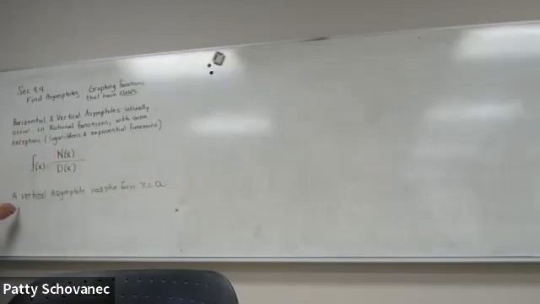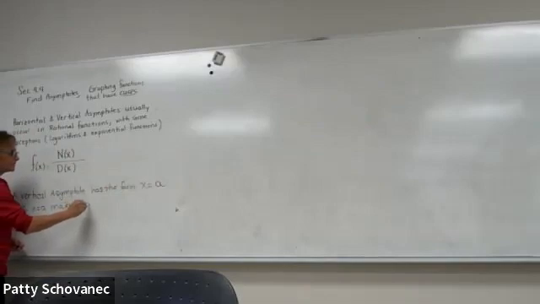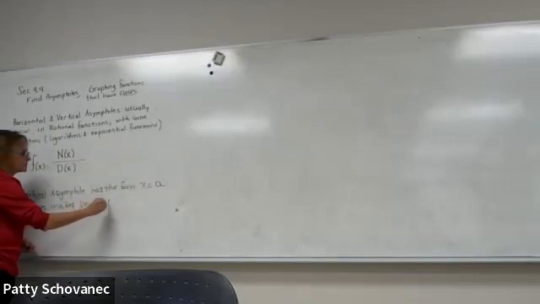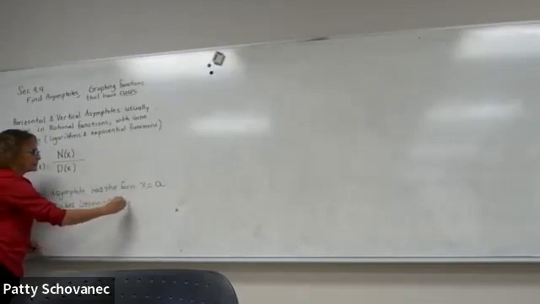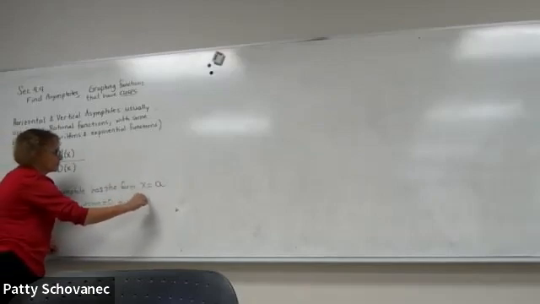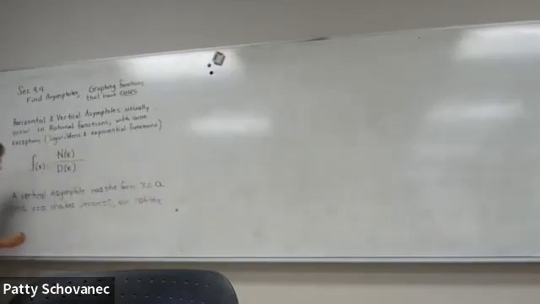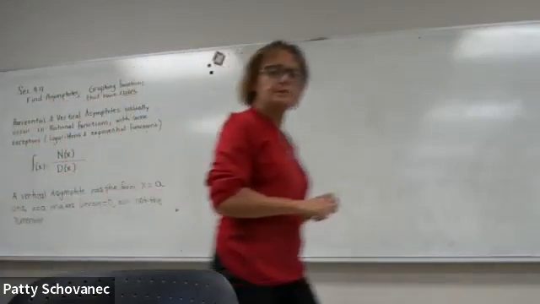And x is equal to A makes the denominator equal to 0, but not the numerator. The value of x that makes the bottom 0, but not the top.